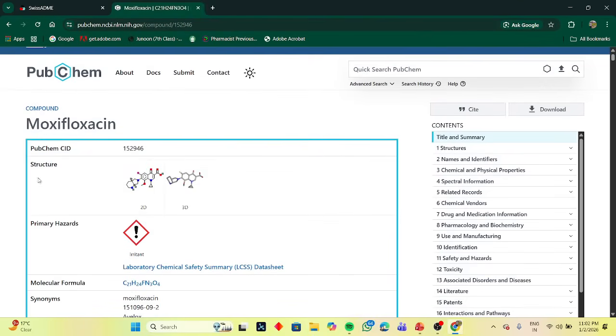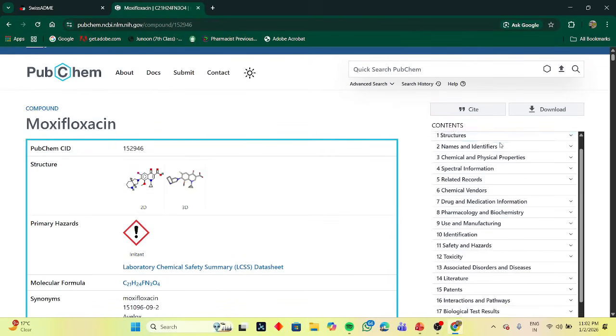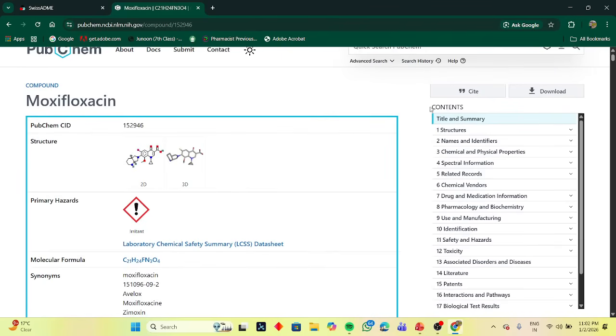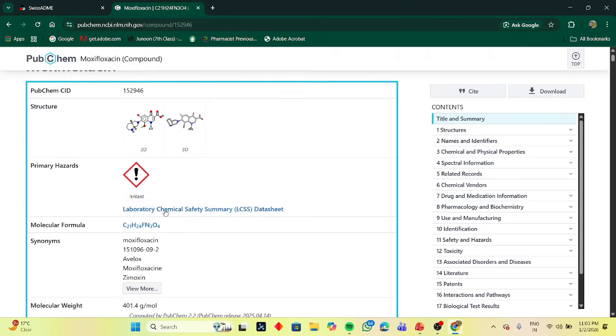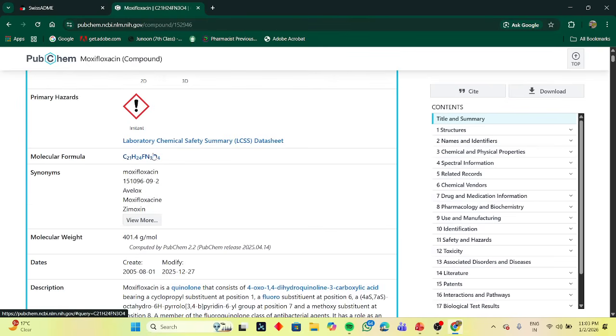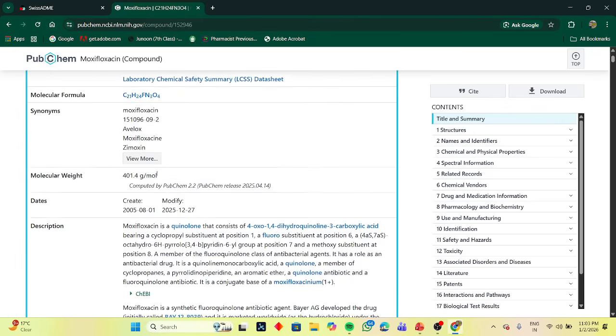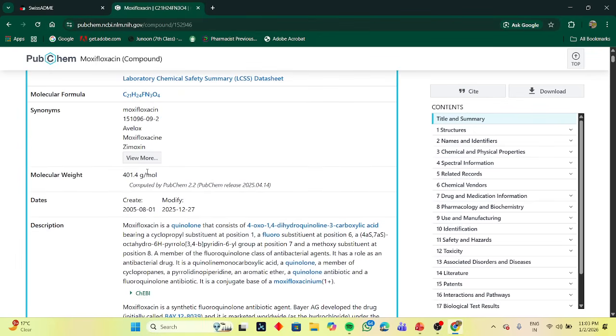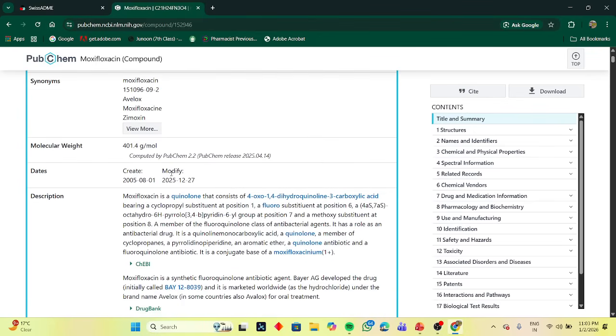You can see that for moxifloxacin, all the content is given on the right side. The structure is given, then the primary laboratory hazard: it is irritant in nature. The molecular formula, the synonyms, then the molecular weight is given, that is 404.4.